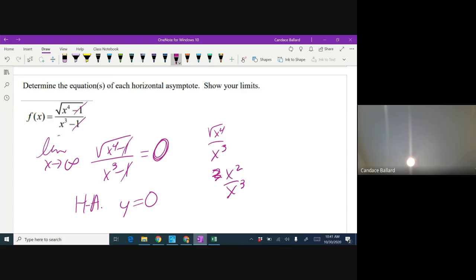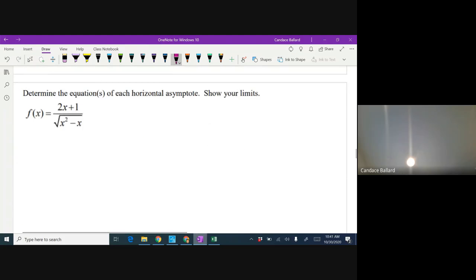Okay, I'm going to give you one. I want you to try it on your own. Okay, take that one right there. Try it on your own. Go all the way to finding the horizontal asymptote.